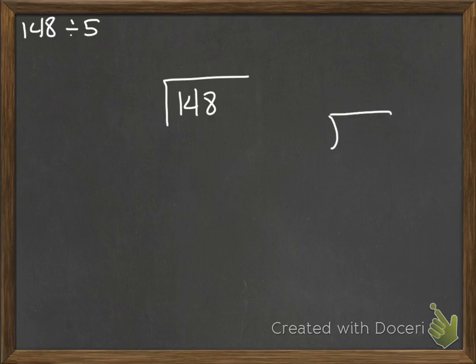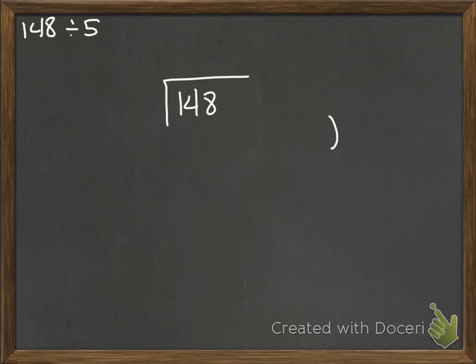So 148 divided by 5. We're going to divide it by hand the long way. So in this case, we're going to use our little division symbol like that. Sometimes you'll see in textbooks they'll make it kind of curved like that. A lot of times I just put it straight down because sometimes when I'm going fast I accidentally make it look more like a square root.